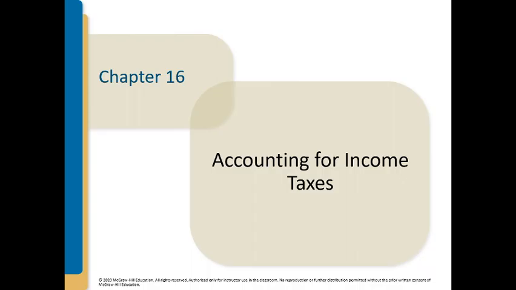What they're saying there is, remember, this is a financial accounting course, but you have to account under financial accounting rules for the effect of income taxes, whether owed in the current period or owed in some future period, or in some cases not owed at all. So anyway, just to clarify what this chapter is about.